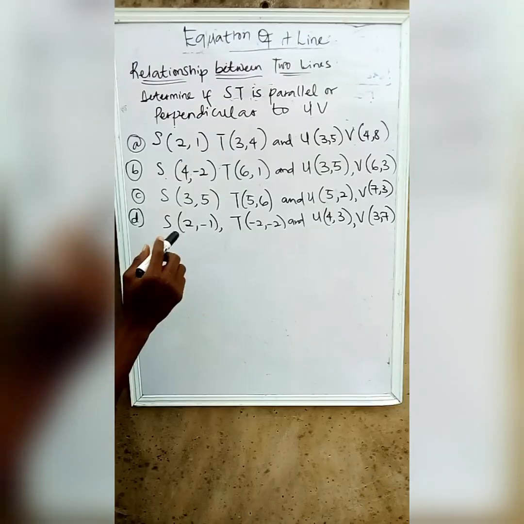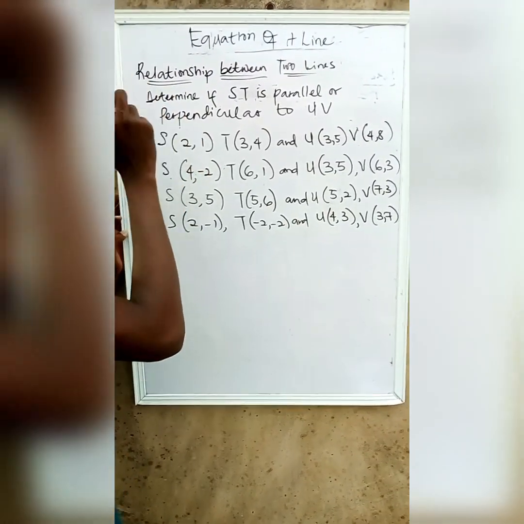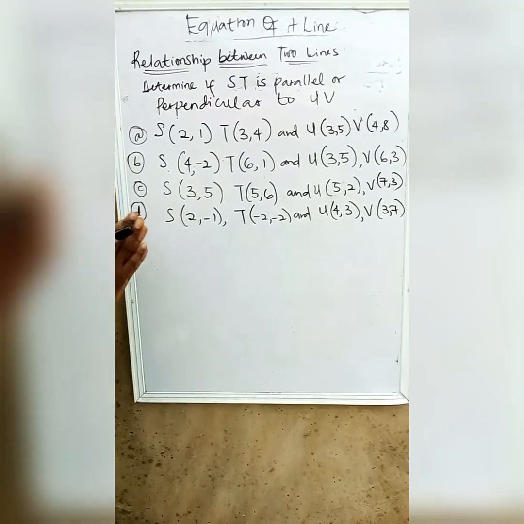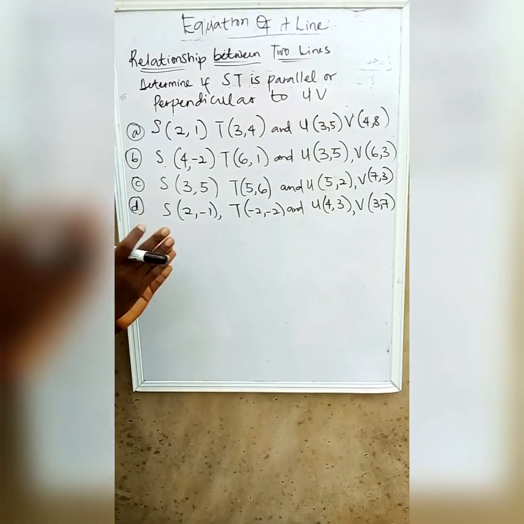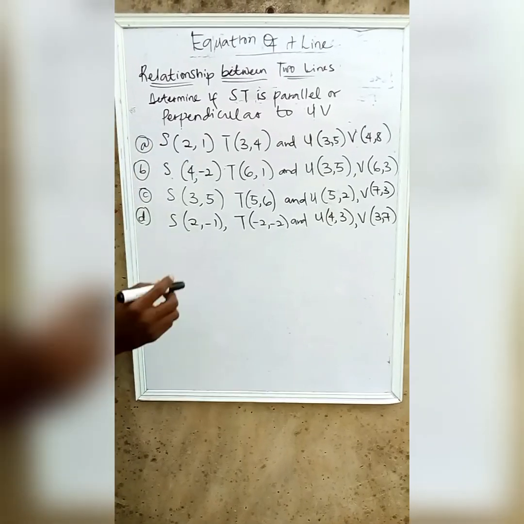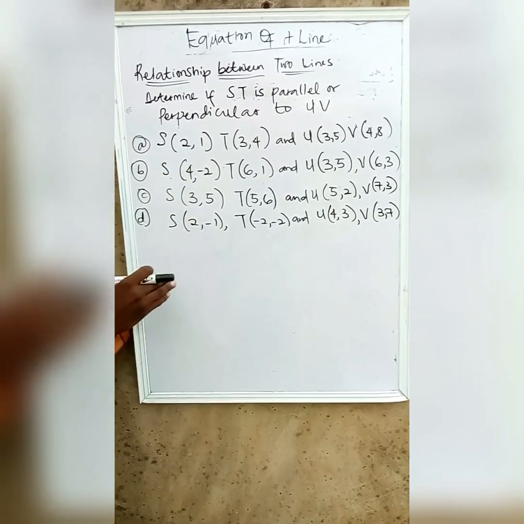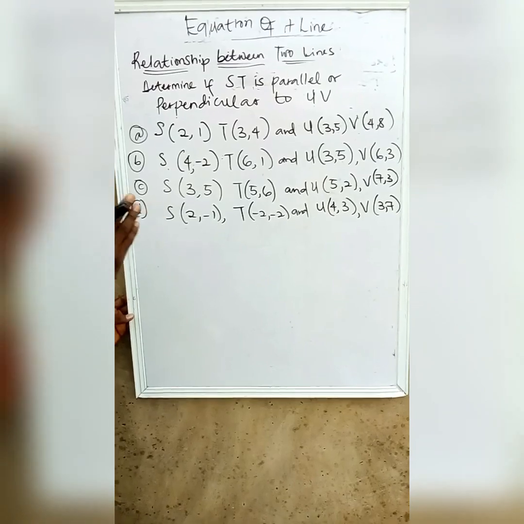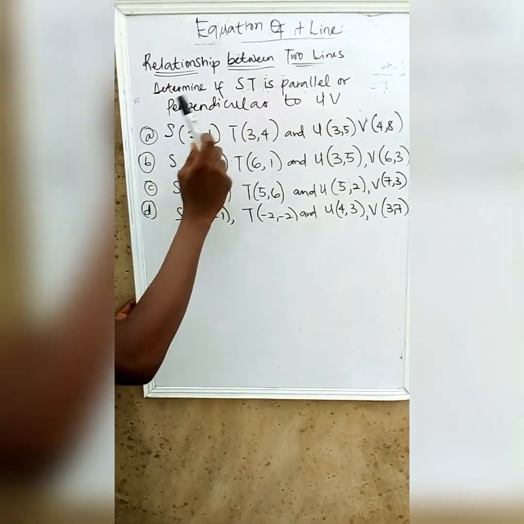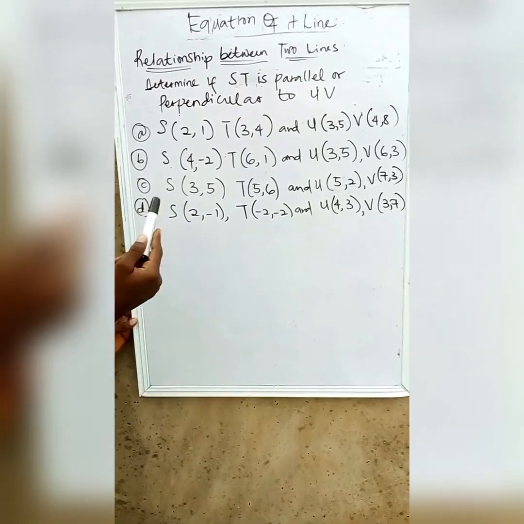Thank you. Welcome back. Now, on the relationship between two lines, we already said that when two lines are parallel, their gradients are what? Equal. m1 is equal to m2. And when they are perpendicular, the product of their gradients is equal to minus 1. So let's take this question. Determine if ST is parallel or perpendicular to UV.